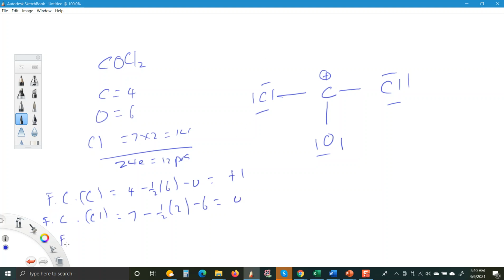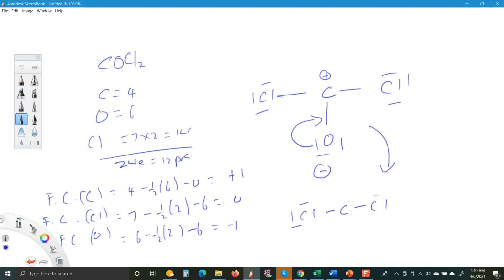Then we do the same calculation for the oxygen. That would be 6 minus half of 2 minus 6, equal to minus 1. So the oxygen has a minus 1 charge. This pair of electrons comes here to form a double bond. So you're going to end up with Cl, C, Cl, double bond O, and then this here. So this would be the lowest energy structure.